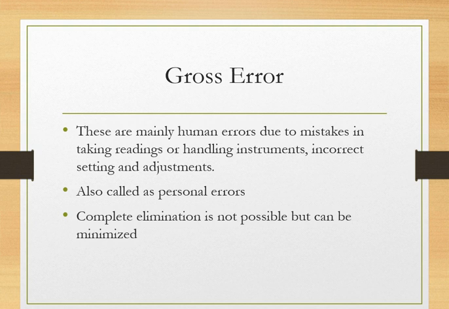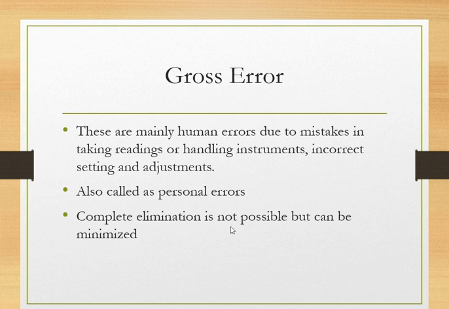Gross errors are nothing but human operators' errors, like mistakes in readings and handling different types of instruments incorrectly or improperly, and they are also called personal errors. Gross error cannot be mathematically treated, as these are human errors and we can't predict them. It depends upon the human, so it cannot be treated mathematically.